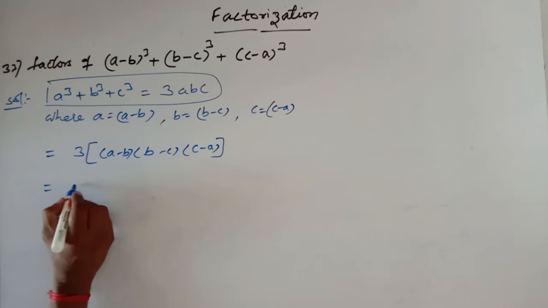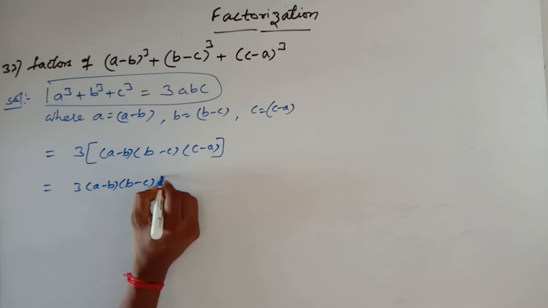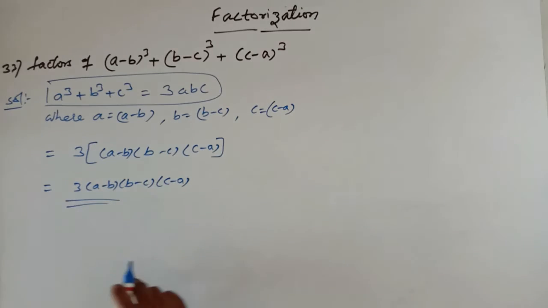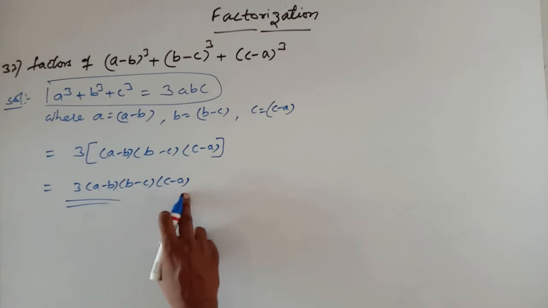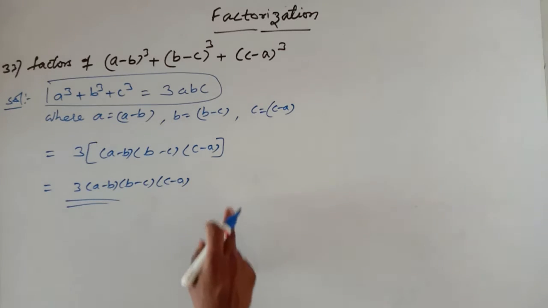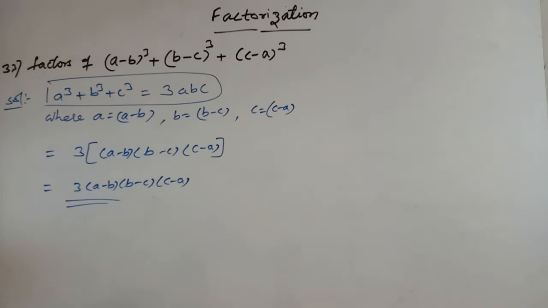The total value is equal to 3 into a minus b into b minus c into c minus a. So one of the factors is 3 into a minus b into b minus c into c minus a. This is the factors of the term a minus b whole cube plus b minus c whole cube plus c minus a whole cube.